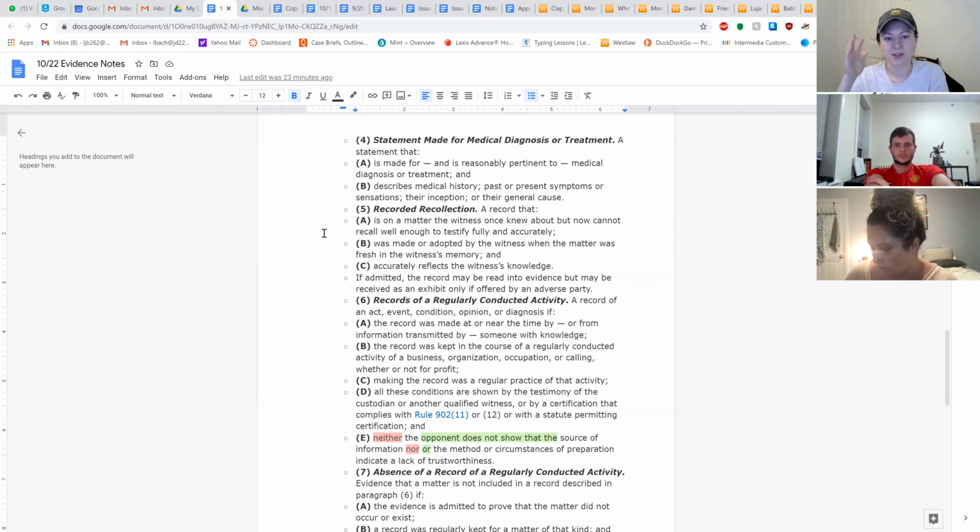Forget 803 for a sec, forget the federal rules of evidence. You can use anything in the world to refresh a witness's memory. Like you can play a song, you could say a word, whatever. If your witness gets on the stand and says, I just don't remember, you can say anything to them pretty much. And if it jogs their memory, then they can testify just like they normally would.